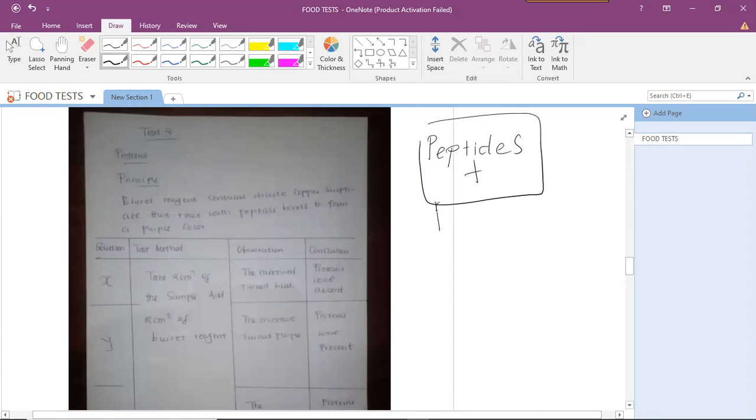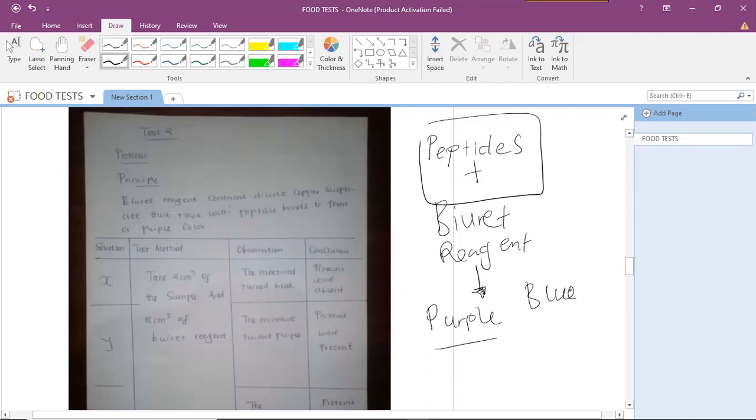So biuret reagent reacting with peptides gives off a certain color. So this reaction results in a color change, which is purple. And it's very important to note that biuret reagent is actually blue.